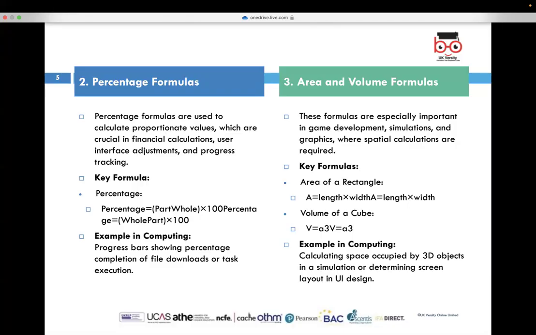Volume of a cube equals a cubed, where a equals the side length. An example in computing is calculating space occupied by 3D objects in a simulation or determining screen layout in UI design.